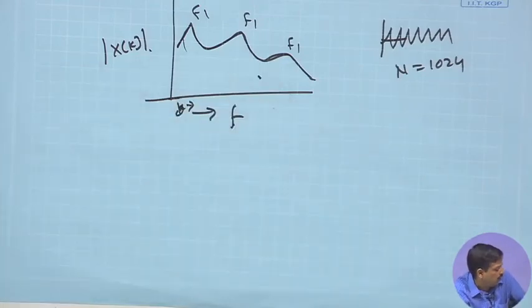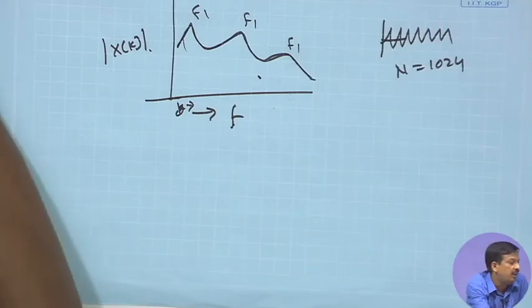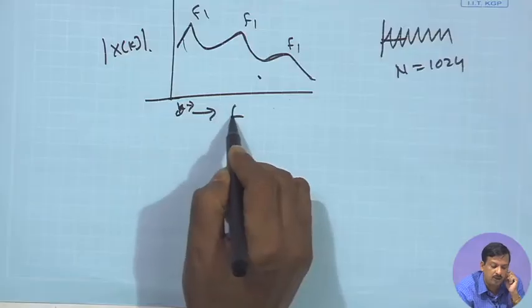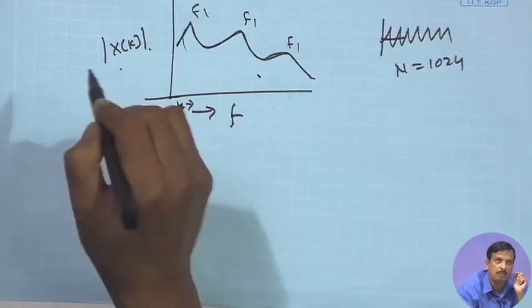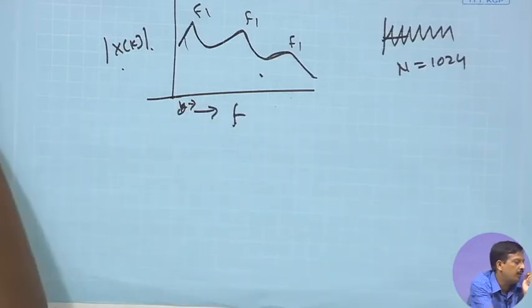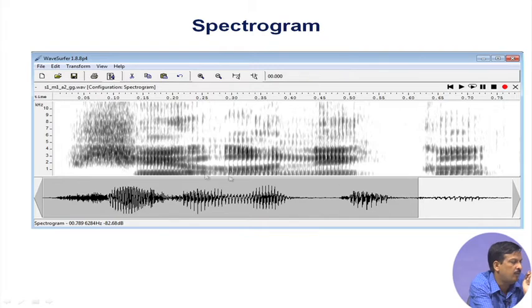Now, when you draw this kind of representation, this is called a spectrogram. The difference is that the spectrum is frequency versus power, meaning the power of each frequency plot. In a spectrogram, the x axis is time, the y axis is frequency, and power is converted into intensity or color.